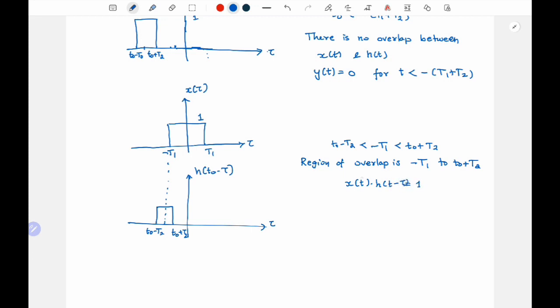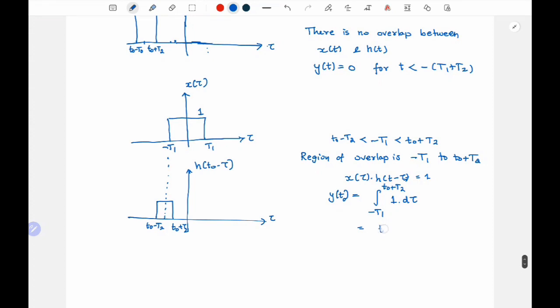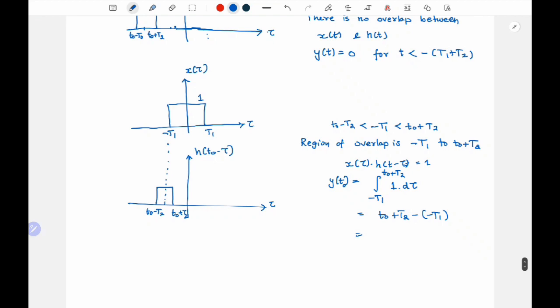So y of t in this particular region will be the integral from minus t1 to t naught plus t2, where we took this as t naught, right? And this is actually 1 into d tau, which is nothing but t naught plus t2 minus of minus t1, which is equal to t naught plus t2 plus t1.